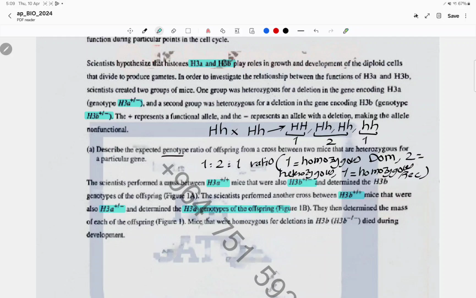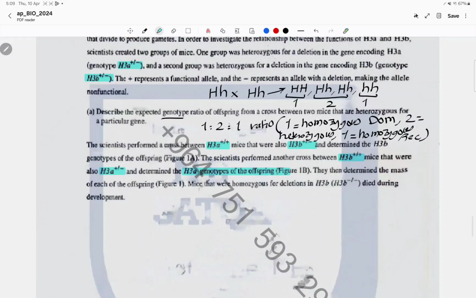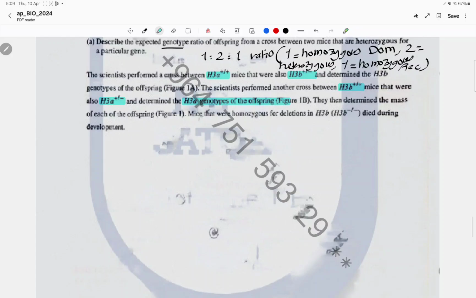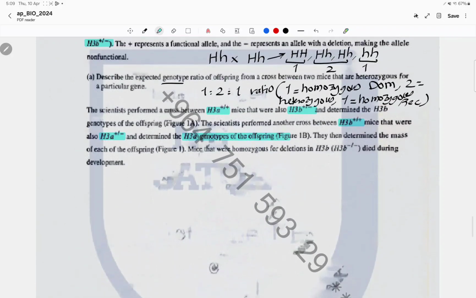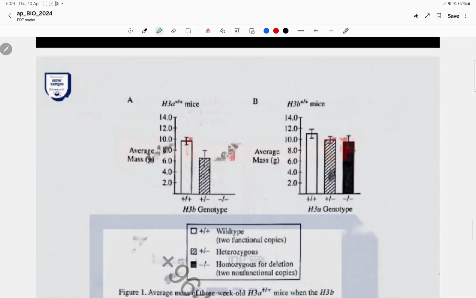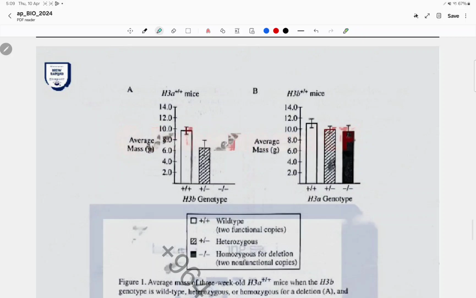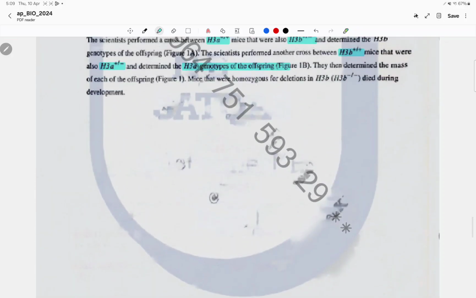In figure 1, mice that were homozygous for deletion died. That's not good for them. Because if you have a double minus B, you die.